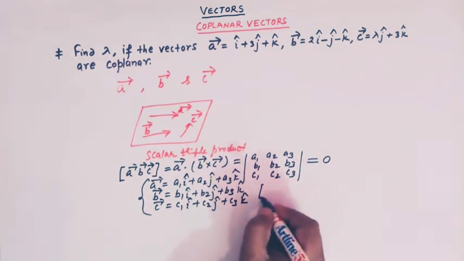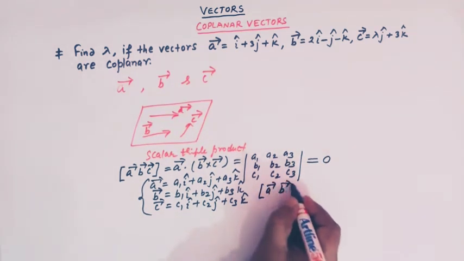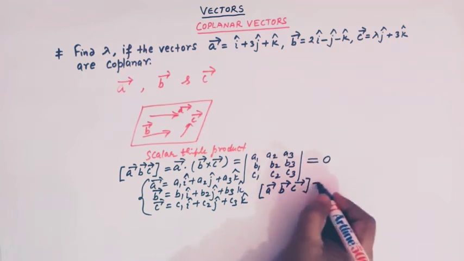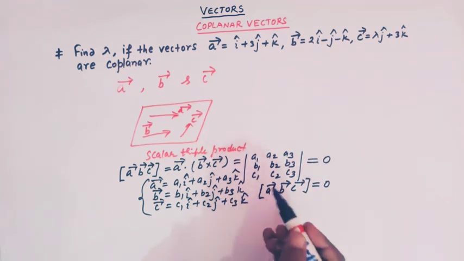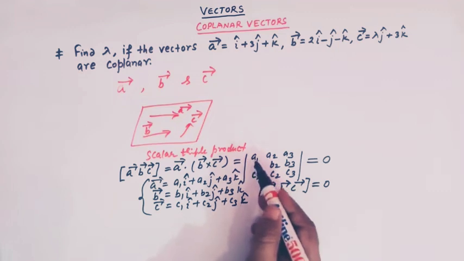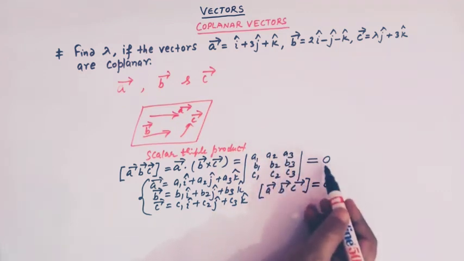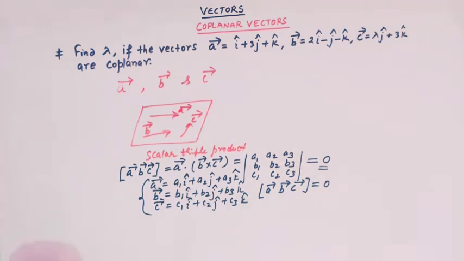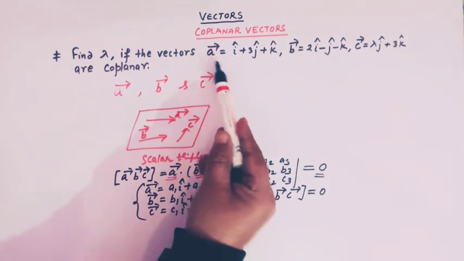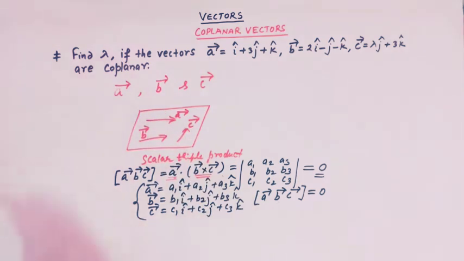So three vectors are said to be coplanar when the scalar triple product is 0, or in other words, the determinant a1 a2 a3, b1 b2 b3, c1 c2 c3 is equal to 0, right? So here vector a, vector b and vector c are given in the component form, right?